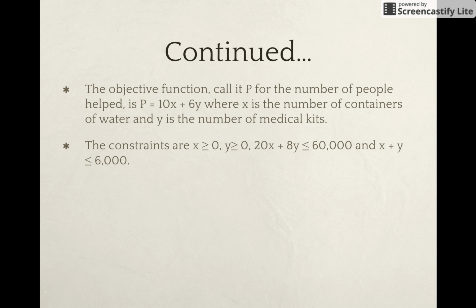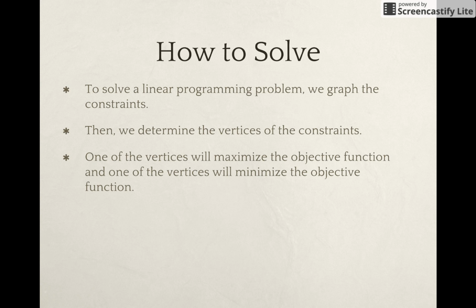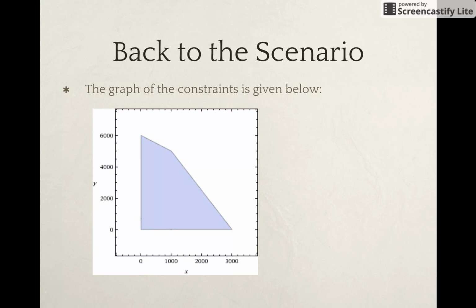So one part of our problem here will be determining where those vertices are. Below we have the graph. I used Wolfram Alpha to graph all of our inequalities. And so we see the feasible region here in front of us.